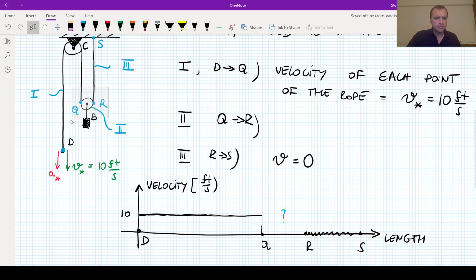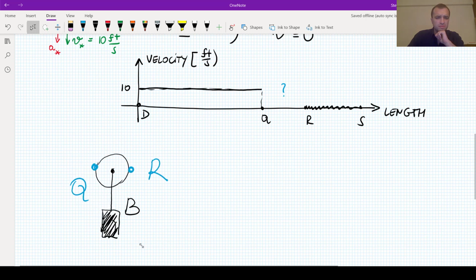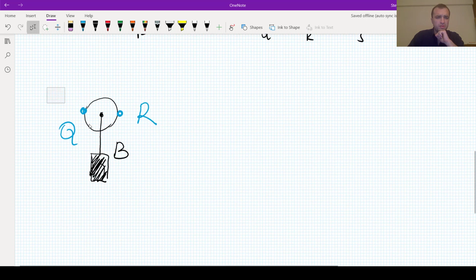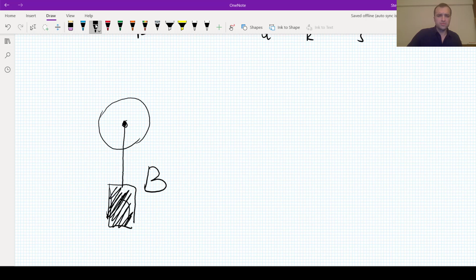So let me maybe copy this drawing here. Maybe I want to make it even larger. Okay. So as I said earlier, this rope has velocity 0.